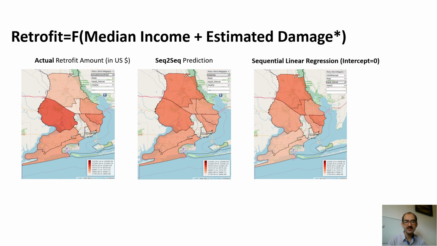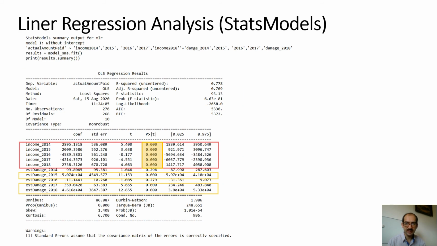The model gets significant when the F-test is used, because this added feature of estimated damage was not accurate, for the reasons I mentioned before.